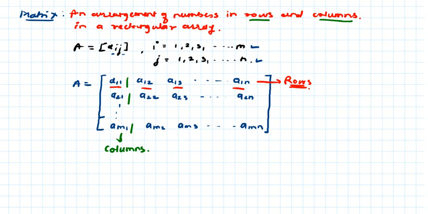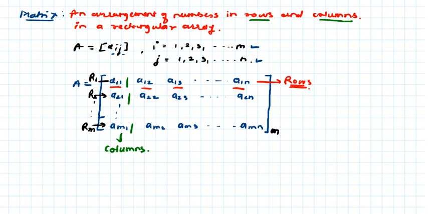Again, if you observe here, this matrix contains m rows. Suppose this is your first row, I will say R1, first row. This will be the second row R2 and so on. This will be the mth row. So it contains m rows.